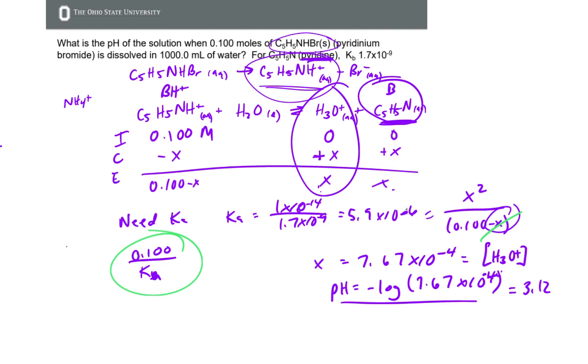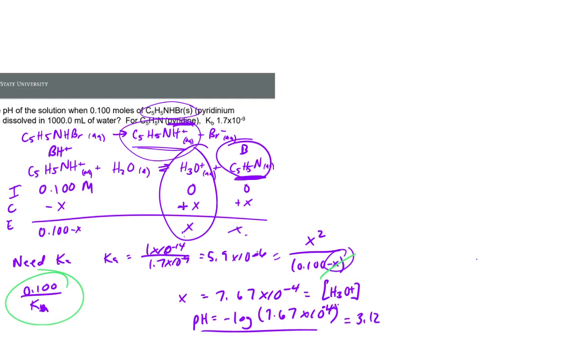Yeah. When you dissociated the C5H5NHBr solid and it became Br minus and then the other cation, how did you know which one to pick? You mean why didn't I pick Br minus? Yeah, because I'm thinking about what the equilibrium with water would look like for Br minus. So I didn't show this step, you're correct. Br minus plus H2O, its equilibrium would look like forming HBr and OH minus.